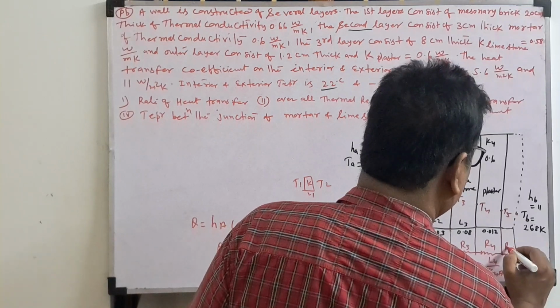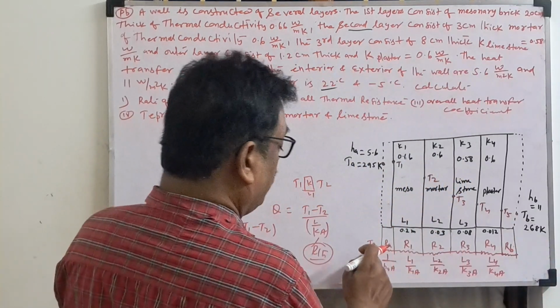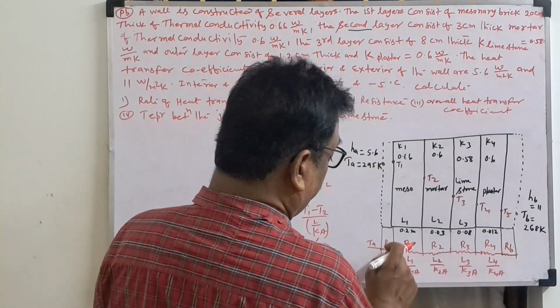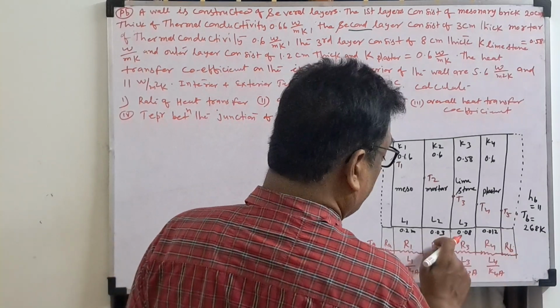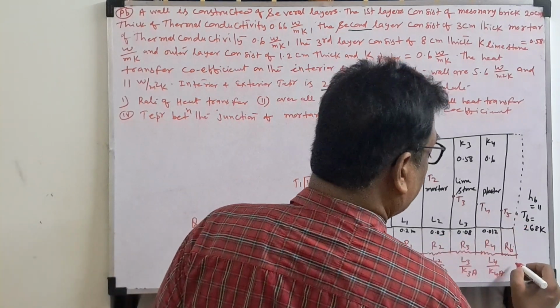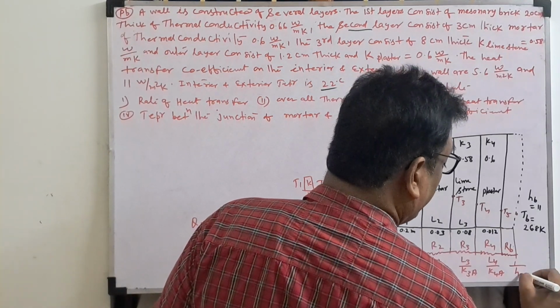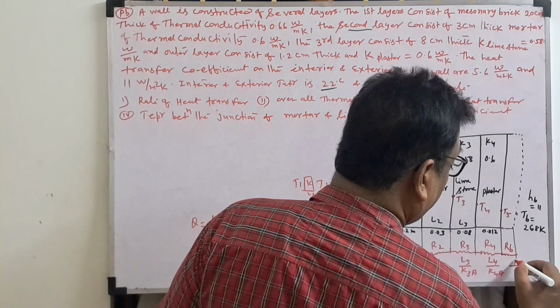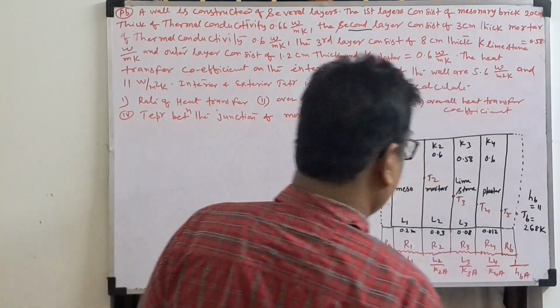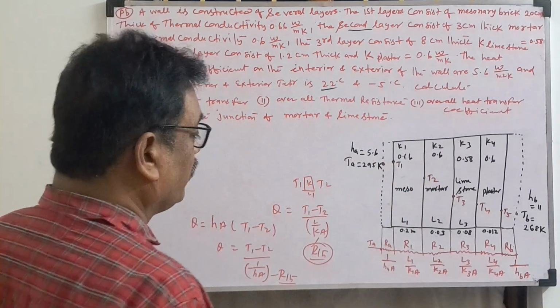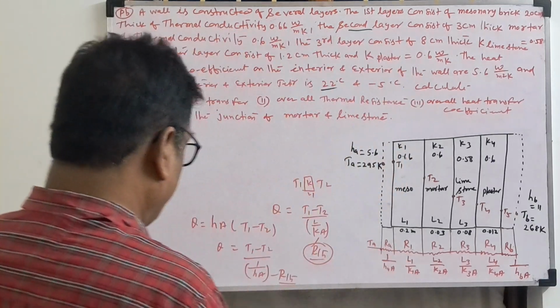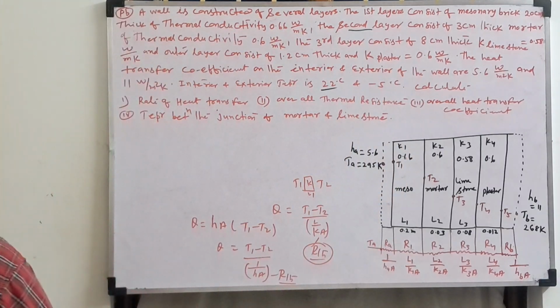This we can write here, RB. RA, RB are convective thermal resistances, R1, R2, R3, R4 are conductive thermal resistances. So RB is equal to 1 by HBA. Okay, this only is the circuit diagram. Everything we transfer in this diagram.